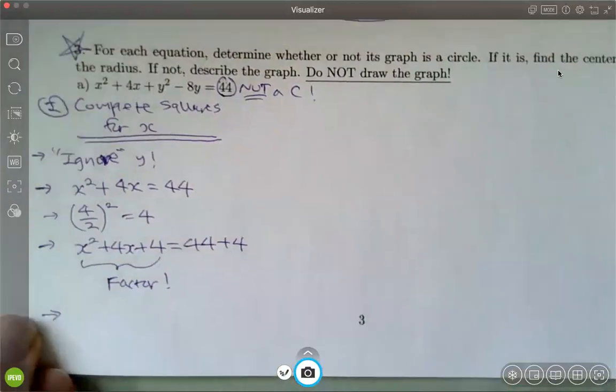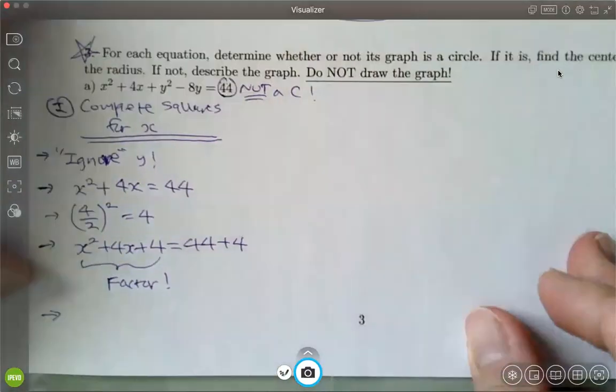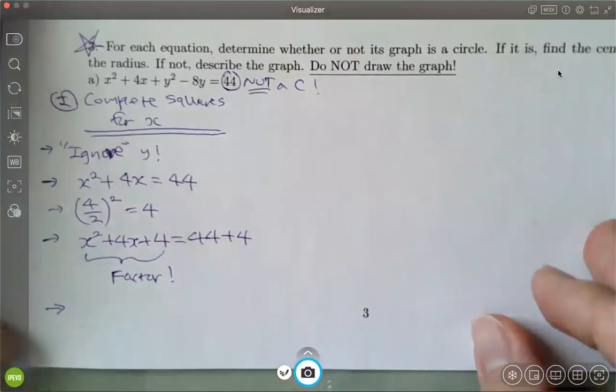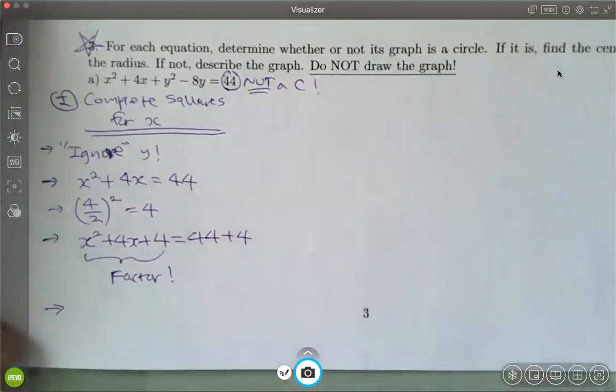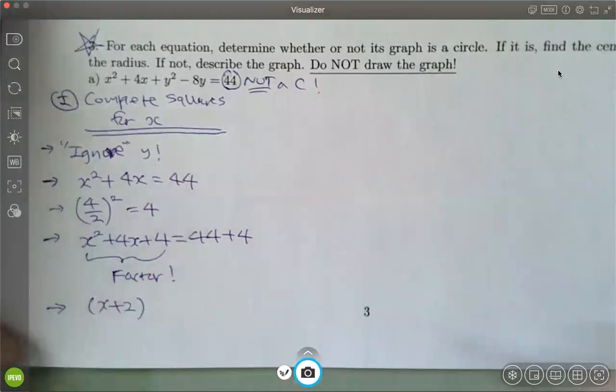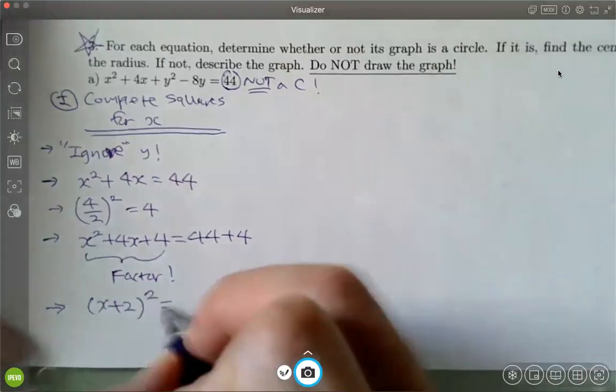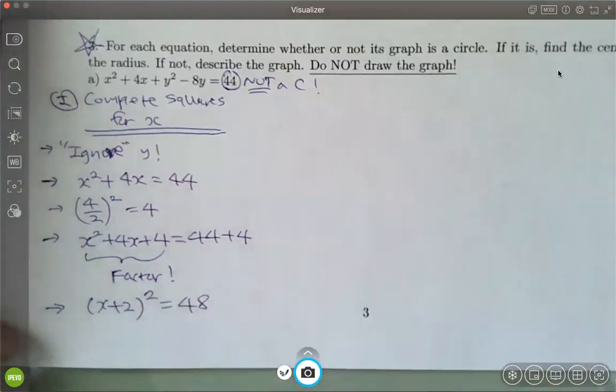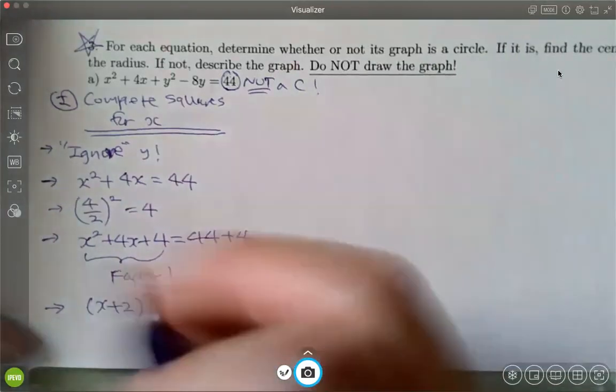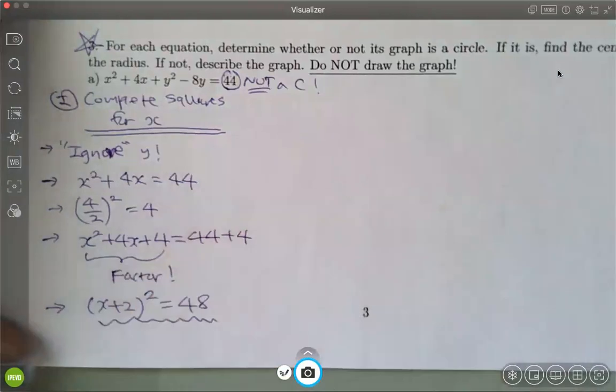And if so, what do you get when you factor? Two and two. So what does that mean? x plus 2 times itself, or x plus 2 squared is equal to 48. Now, since we are not solving for x, let's stop here. We don't have to go any further than that. So we have completed squares for x.